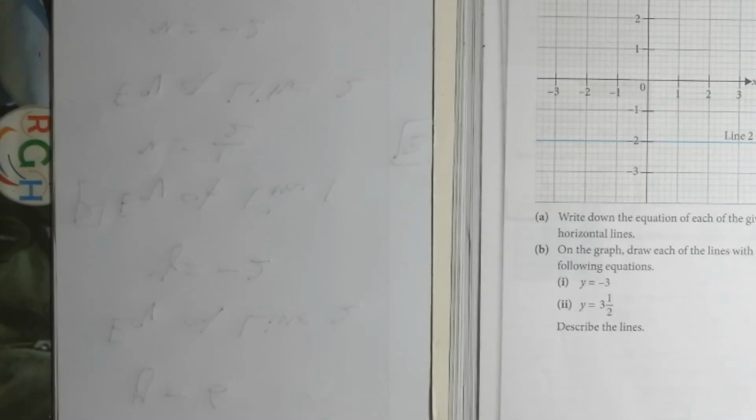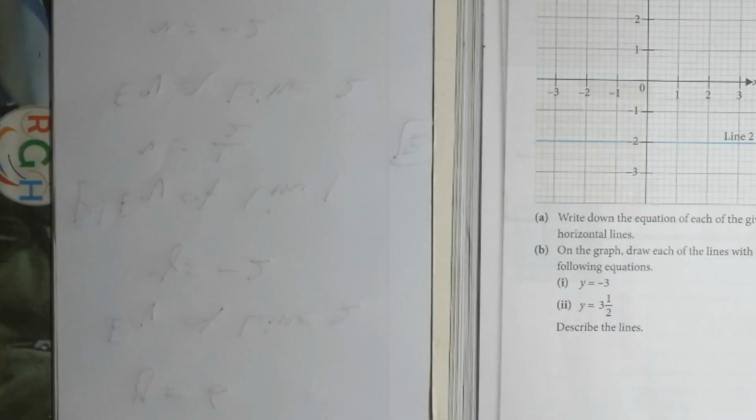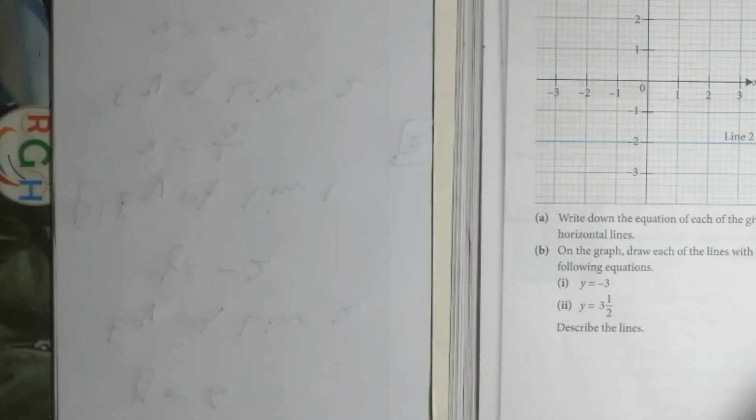Here is x but y is missing, but this is also an equation of a straight line. Lines in which x is missing are parallel to the x-axis, and lines in which y is missing are parallel to the y-axis. So these are also equations of a straight line.